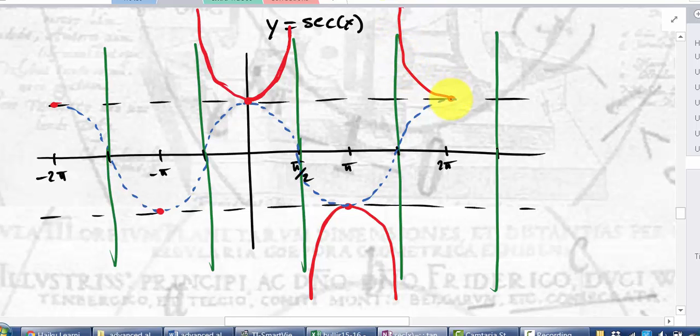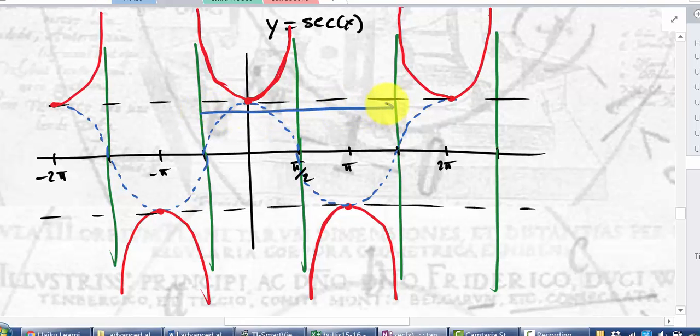So it's a series of branches like that, and an infinite series of branches like this, okay? Here we go. This is secant. Now be careful, guys. What we call a period of secant is this right here. That's 2 pi, right? A period is 2 pi. You need 2 branches, one up, one down, to get a full period.